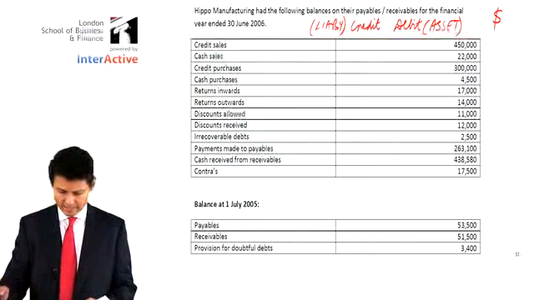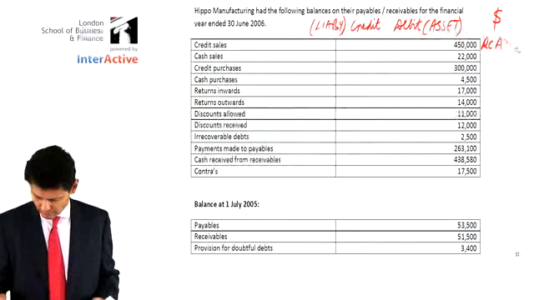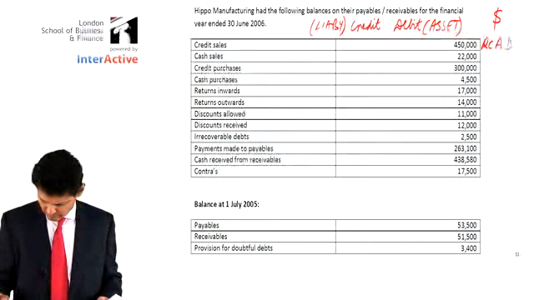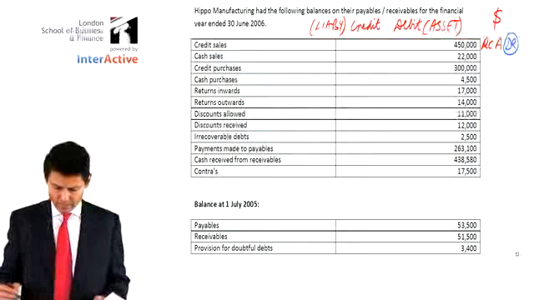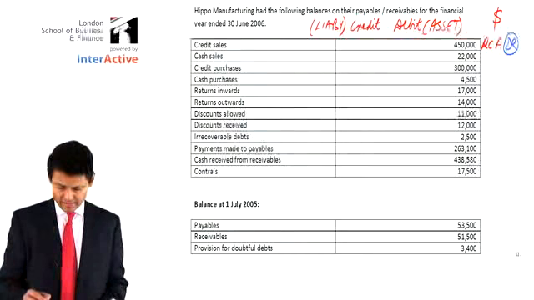A credit sale obviously is a receivables control account item, and it should go on to the debit side, I'd imagine. The cash sales is a trick, an examination trick. Ignore.